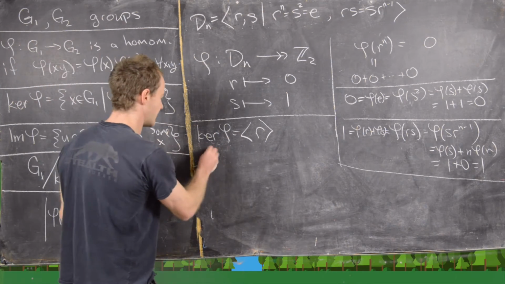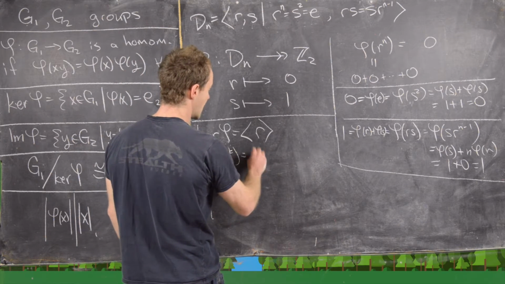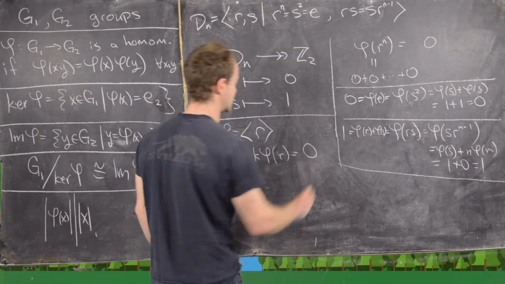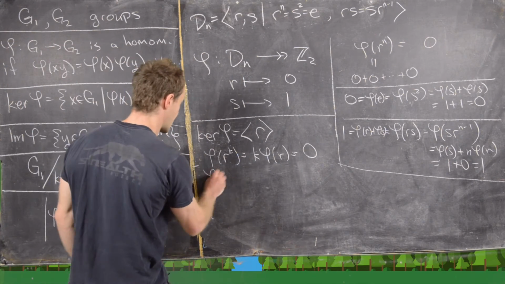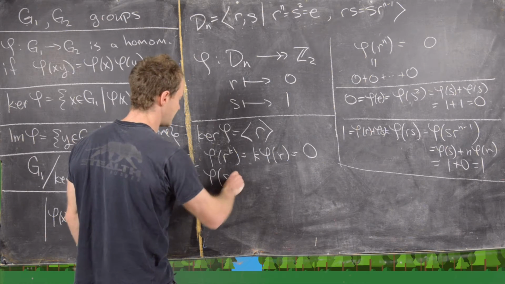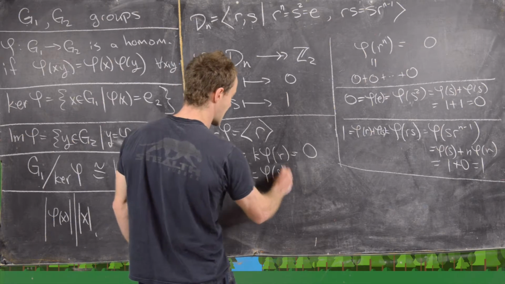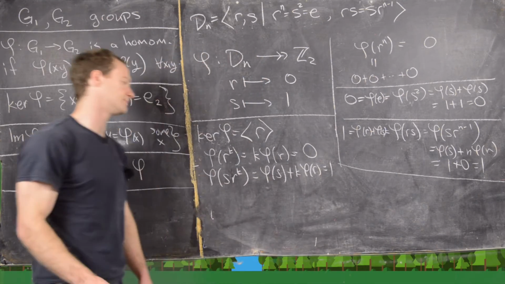Notice we have phi of r to the k is going to be equal to k times phi of r, which is k times 0, which is 0. Okay, good. But then any reflection, like phi of s times r to the k, is going to be phi of s plus k times phi of r, which is 1.